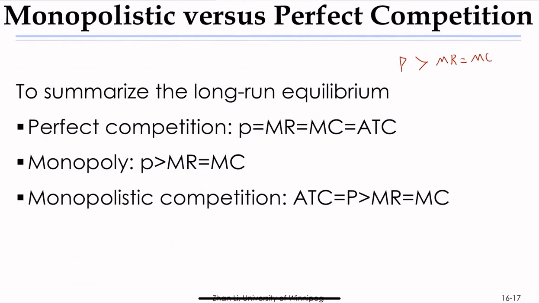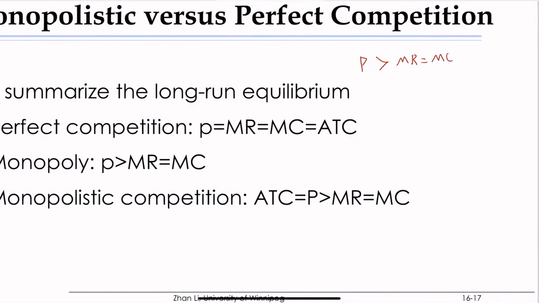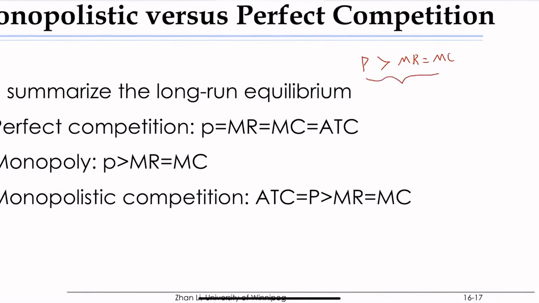Now, what about monopolistic competition? Well, this will definitely hold, right? Because we learned that this result comes from the firm's profit maximization behavior, and a monopolistically competitive firm has the same kind of profit maximization behavior as a monopolist.